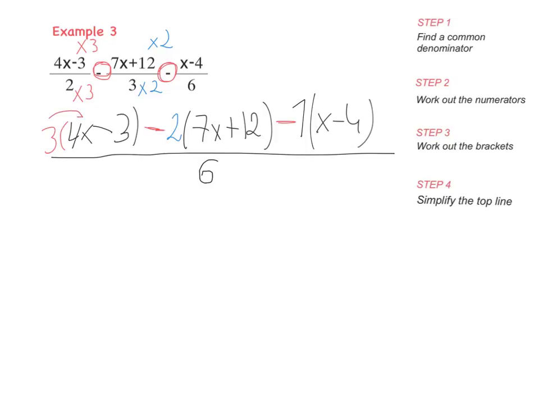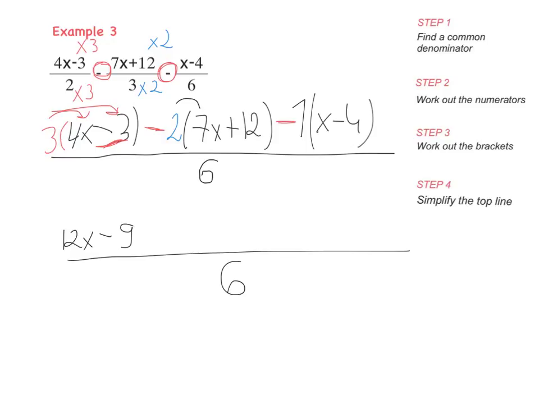So 3 multiplied by 4x and 3 multiplied by minus 3. Don't forget the signs. So we have 6 on the bottom, and then 3 by 4 is 12x, 3 by minus 3 is minus 9, and then minus 2 by 7x and minus 2 by 12.